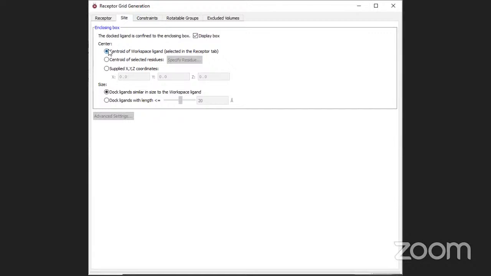Here you can see centroid of workspace ligand. That means whatever ligand is present along with the protein, if there is a co-crystallized ligand or drug molecule, we'll pick that ligand to identify the active pocket. Or centroid of selected residues. Here we can pick some of the amino acid residues which are responsible for the activity.